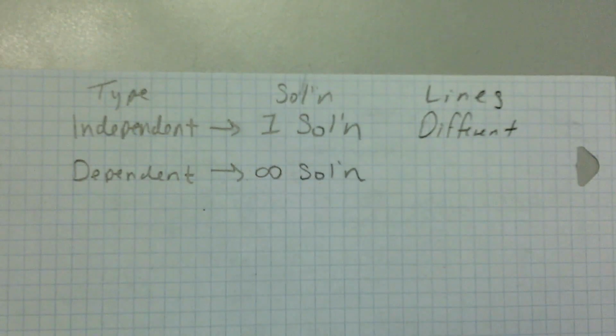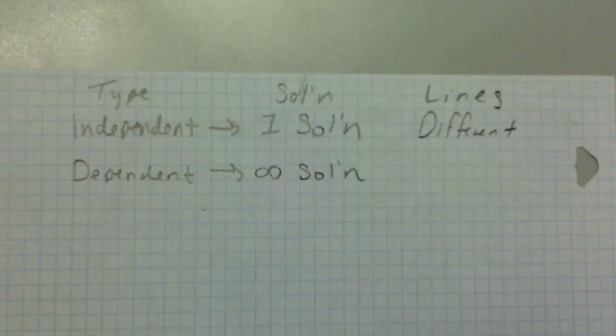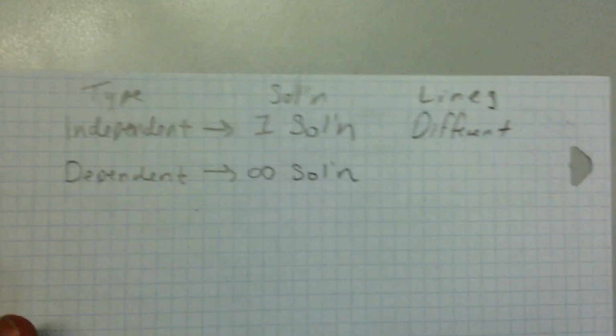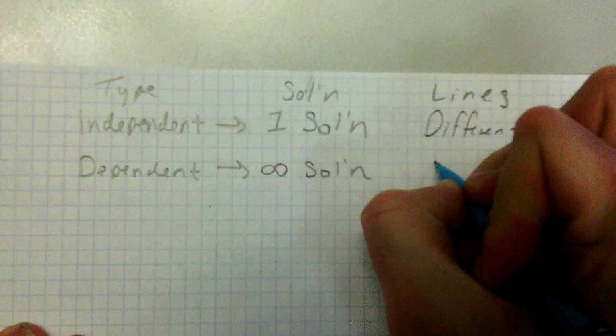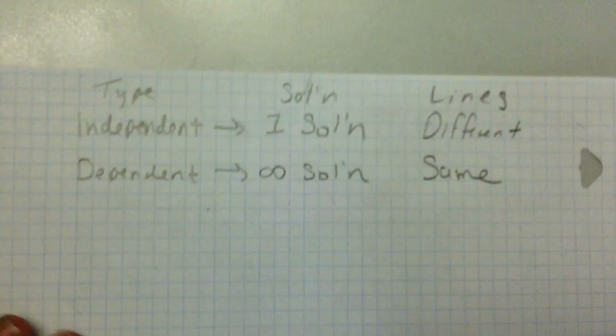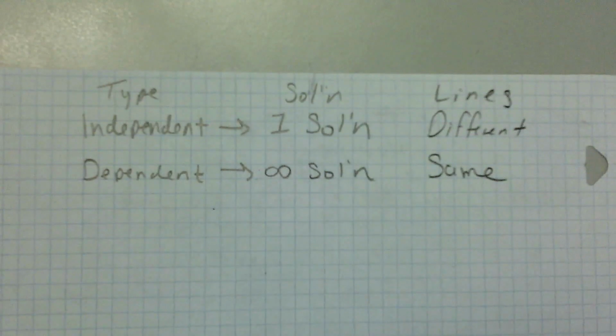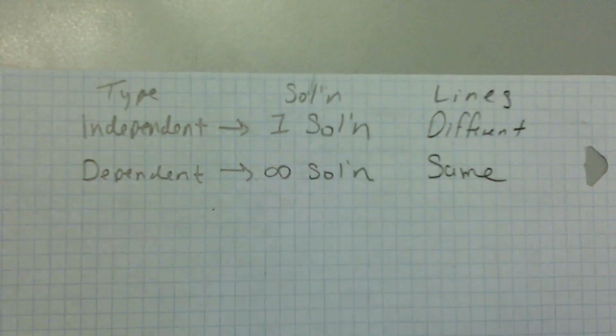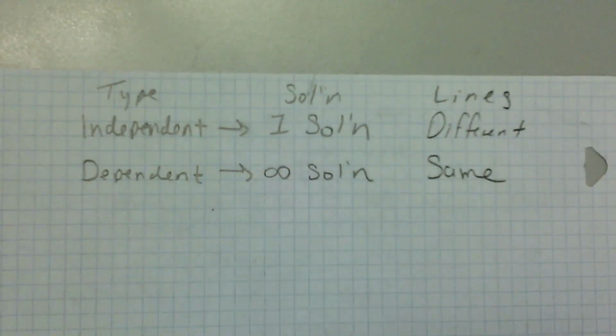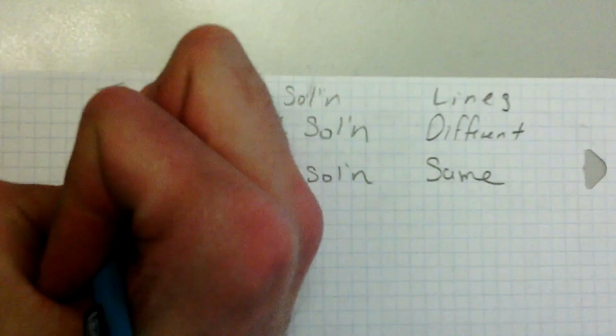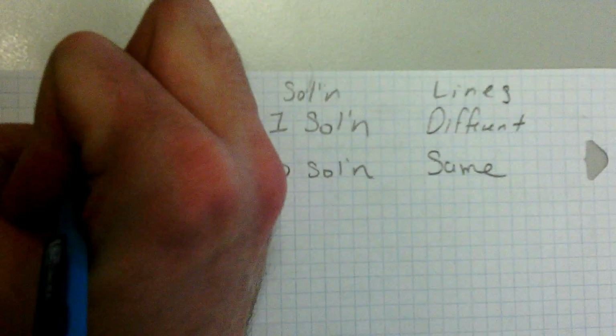Rather than say it appears as one line, these lines would be the same. Because one thing that's important to recognize is that we can write slope-intercept form and standard form and point-slope form. So we can see the same graph just in different ways. Now, these two types of systems are also called consistent systems.